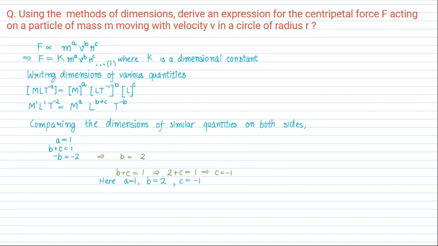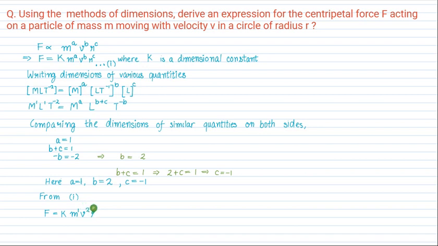After getting these a, b, c values, I can substitute them in my equation 1. So I can write K, then m to the power a, and a is 1, so m to the power 1. Similarly, v is to the power 2, so write v squared.